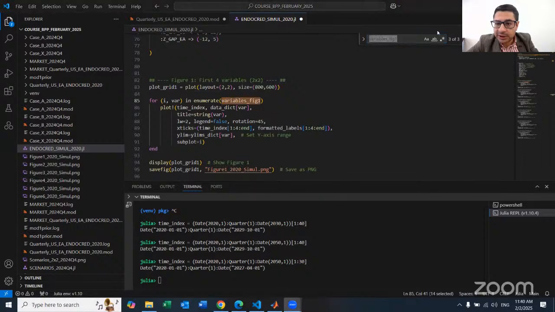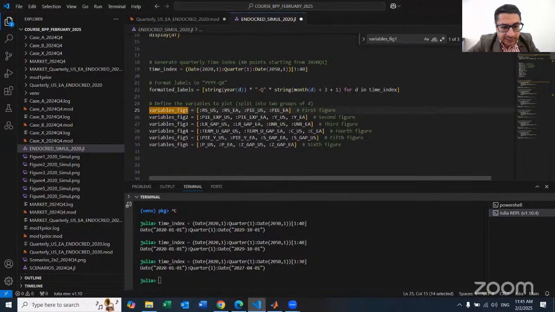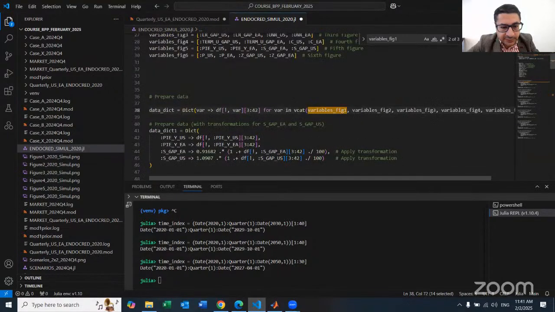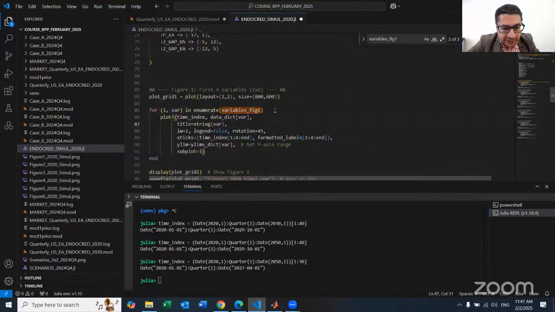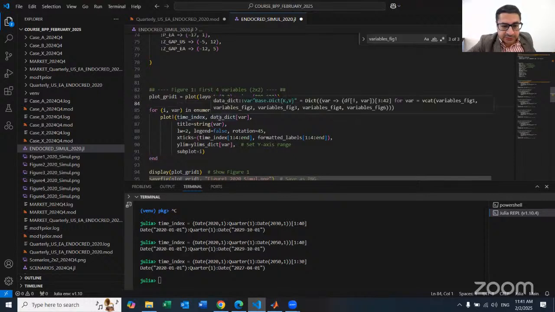Let me show again. Fig1: here, interest rate and inflation. Okay. Then plot the time index, which we created here. Then use the data.